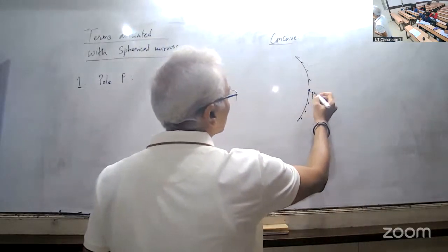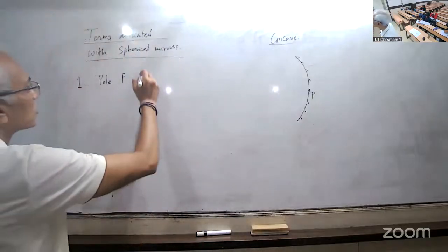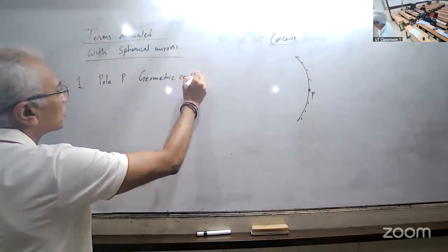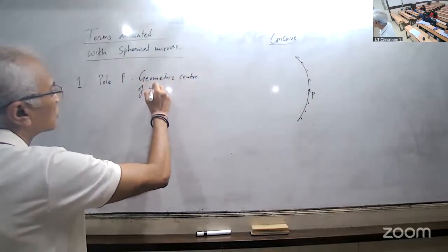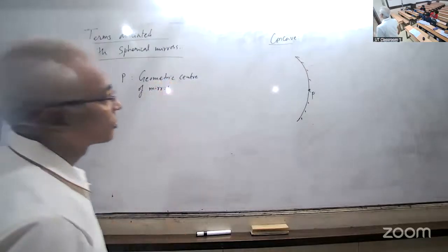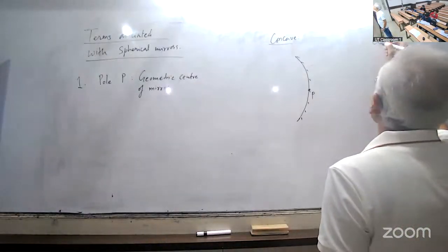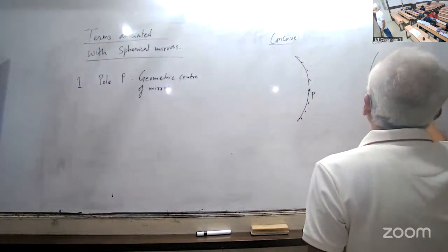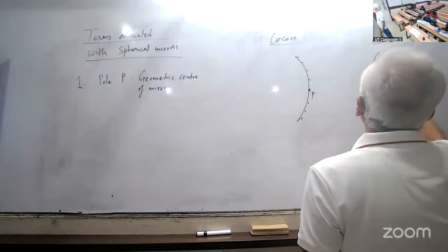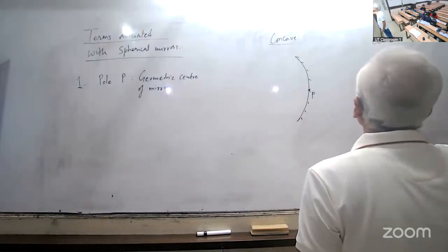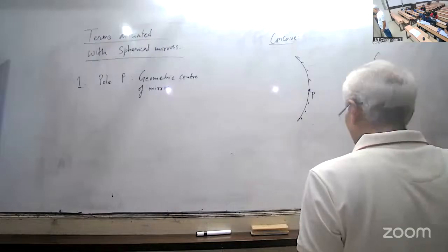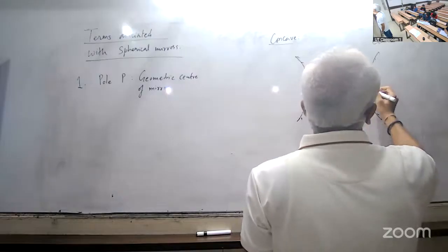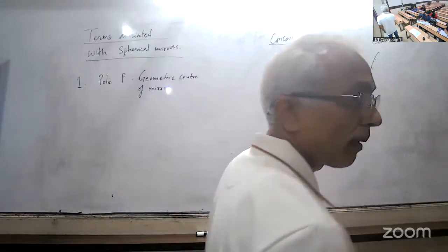This is the pole. So the geometric center of the mirror. For concave, this is the pole. For convex, this is the pole.